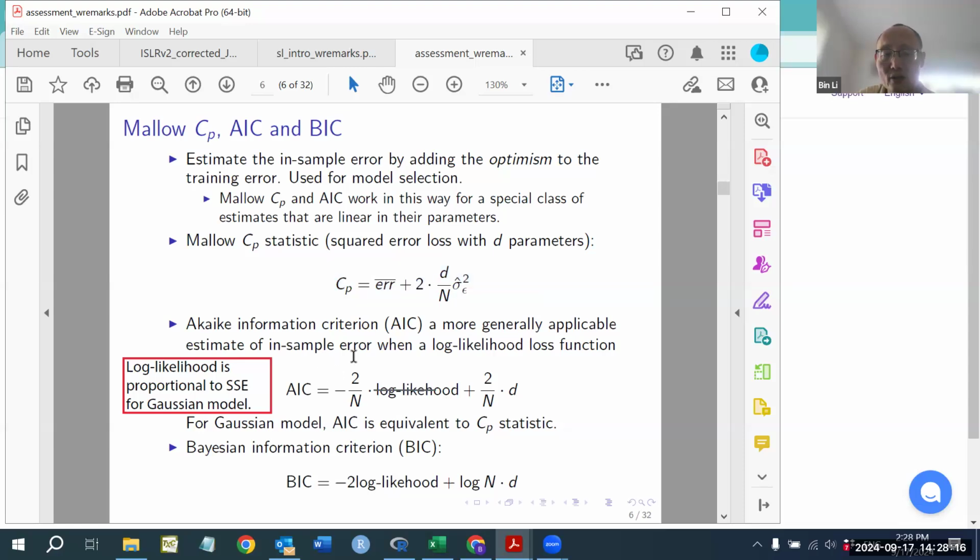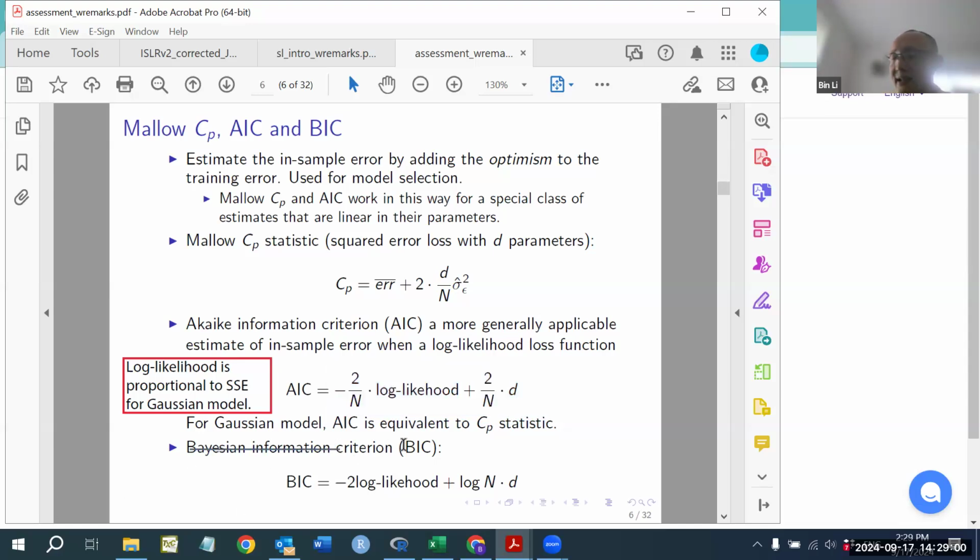So you can see it's very similar to the Mallows statistic. In fact, we can show that if the log likelihood here belongs to a Gaussian model, in other words, the random error follows a normal distribution, then AIC and Mallows are equivalent. So that's the equivalence between AIC and Mallows for the Gaussian model. Gaussian model means that the random error term follows a normal distribution.